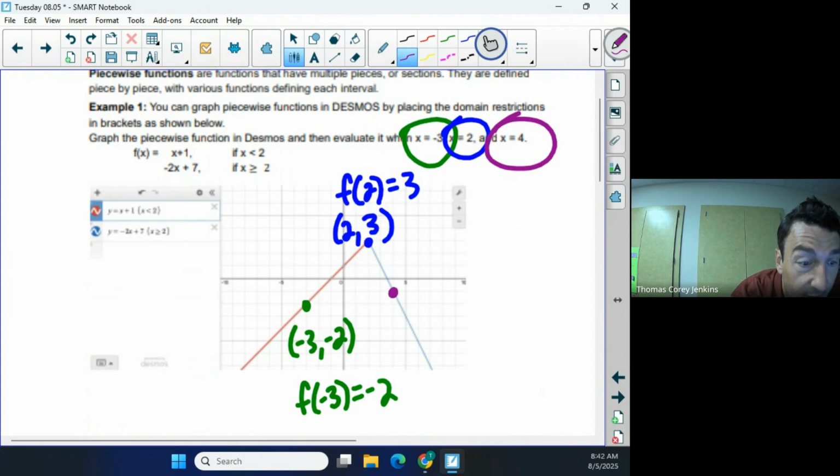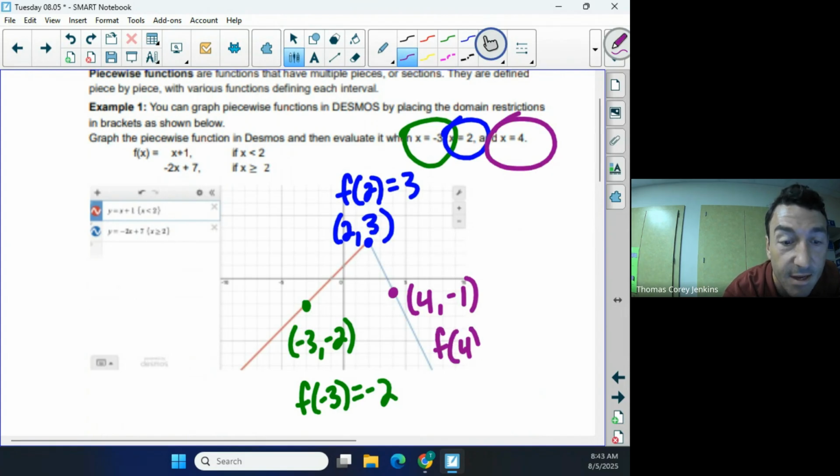That would be right there. It goes through 4, -1. Again, that'll be easier once you're on Desmos. It's kind of hard to see the grid lines on the copy, but you can see there, at least in that neighborhood.